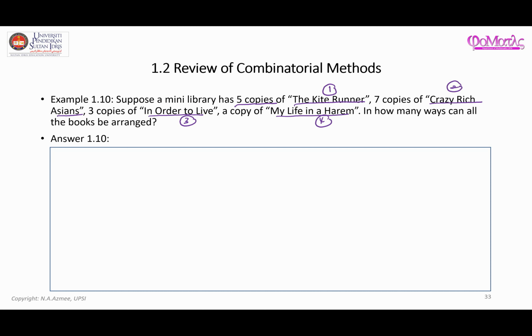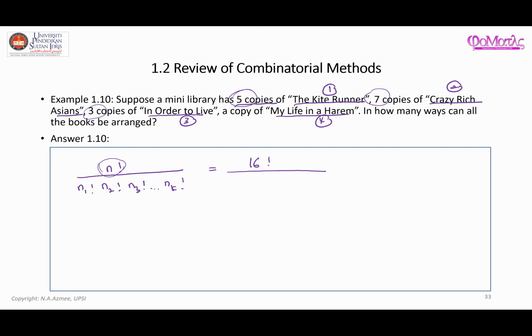So again, we're just going to follow the formula, which is n factorial over n1 factorial, n2 factorial, n3 factorial until the end of the categories, which is nk factorial. Now, how many objects do we have? So we have 5 plus 7, 12, plus 3, 15, and a copy, which is 1, so 16 factorial. So here we've got 16 factorial. And then we've got different categories.